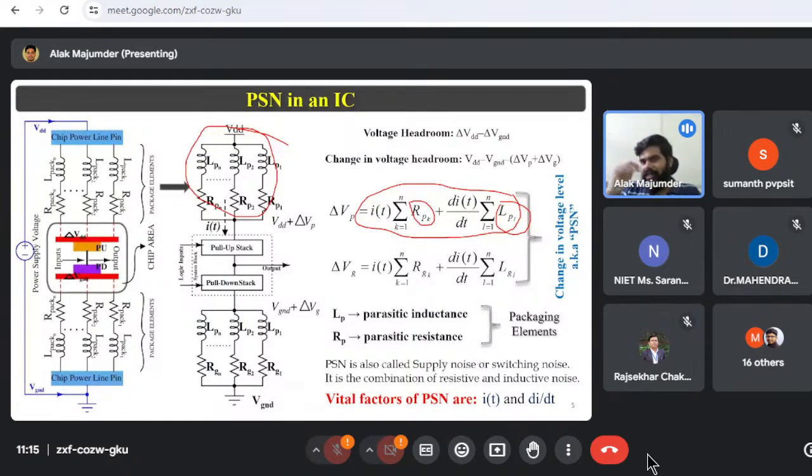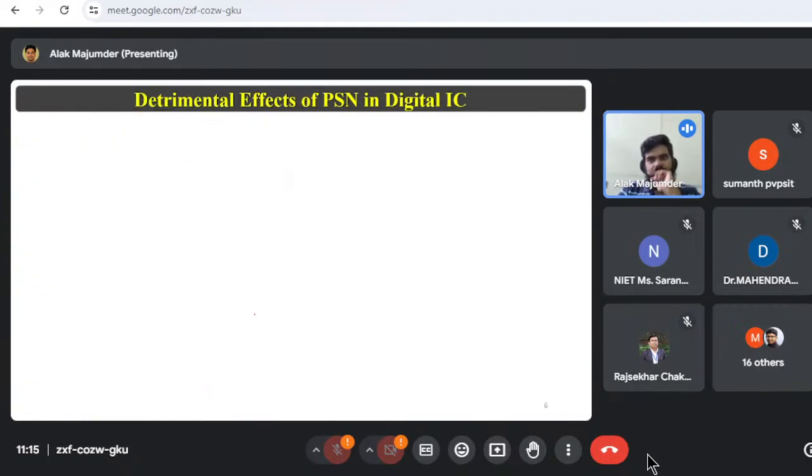As a circuit designer or device engineer, we are hardly bothered about this section. That is done by the material science engineers who build those paths. So as a circuit designer, the only things we can play with are I(t) and dI/dt. These are the vital factors for a VLSI circuit engineer, where we can do everything we need.